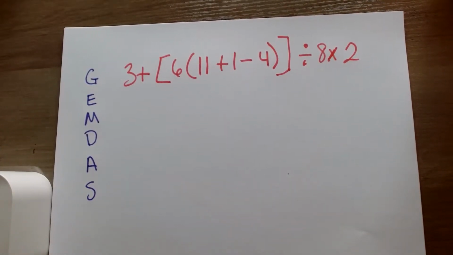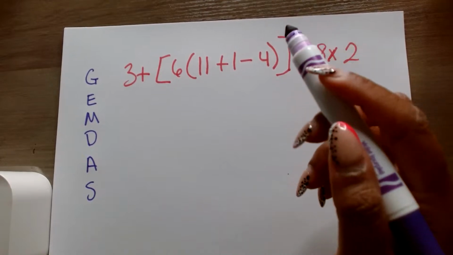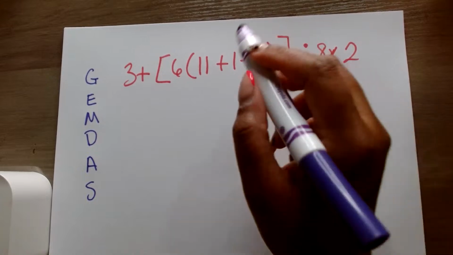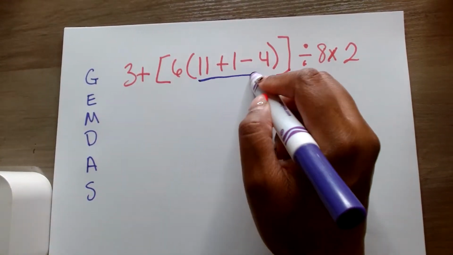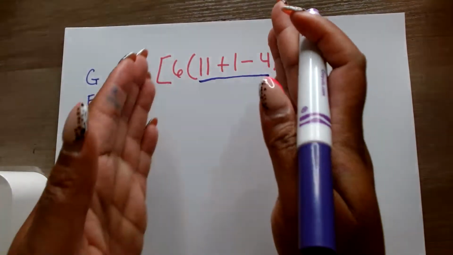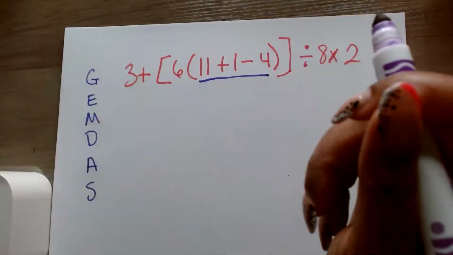This is a very interesting problem. It is really going to allow us to see GEMDAS or PEMDAS in its whole fashion here. So I wanted to make sure that we had a really solid example. We're first going to do what's in our inside parentheses because you work inside, then you come out.